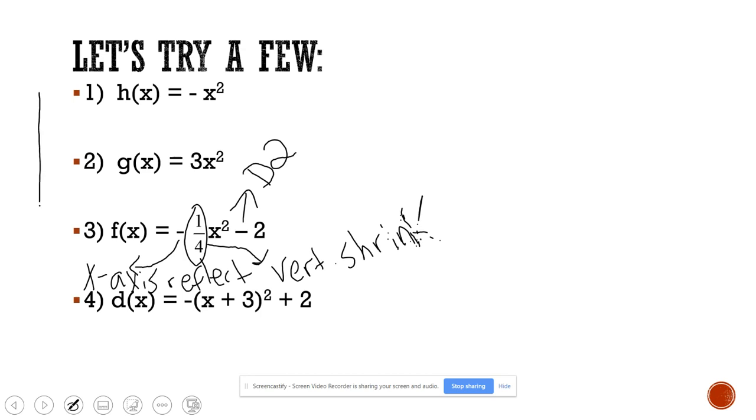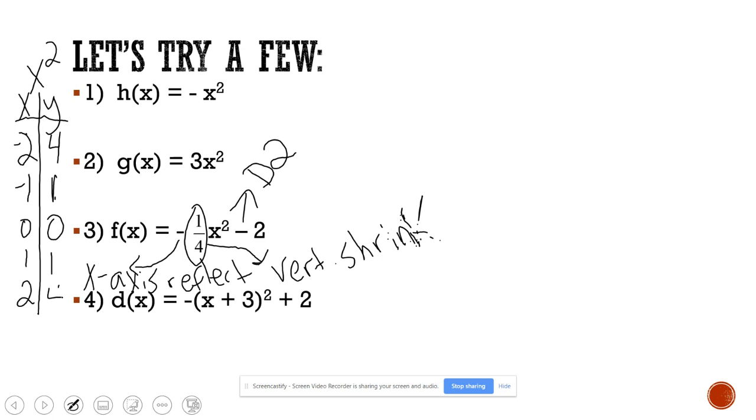If I look at my parent function, again, x squared, we work our transformations from left to right.